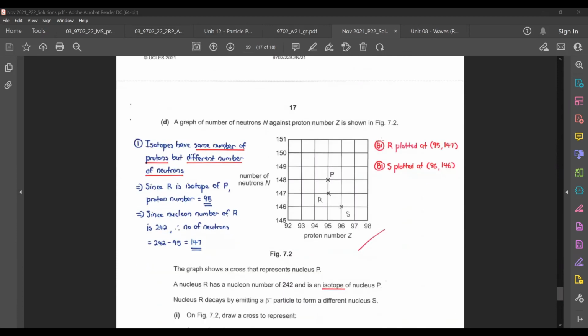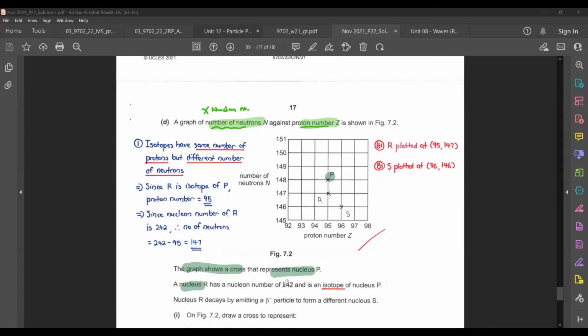You have a graph of number of neutrons N against proton number Z. Bear in mind, this one is number of neutrons versus proton number. This is not nucleon number, because there's a tendency for people to think that this was nucleon number. This is number of neutrons. Now, they tell you that the graph shows a cross that represents nucleus P, which is this part here.